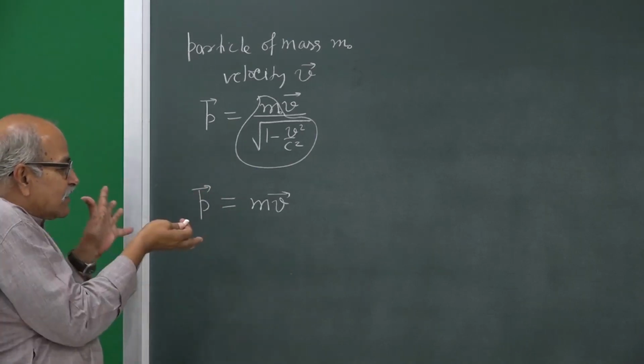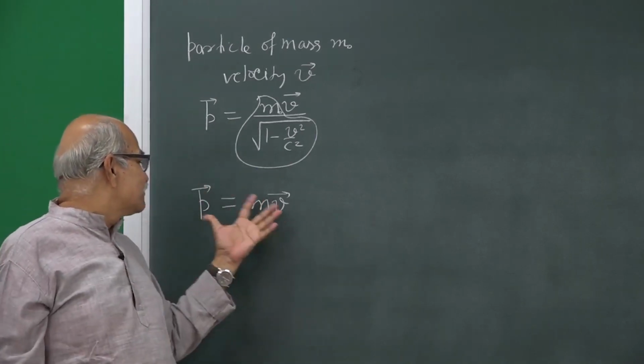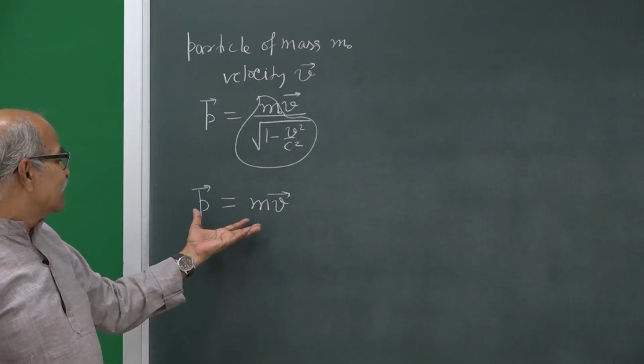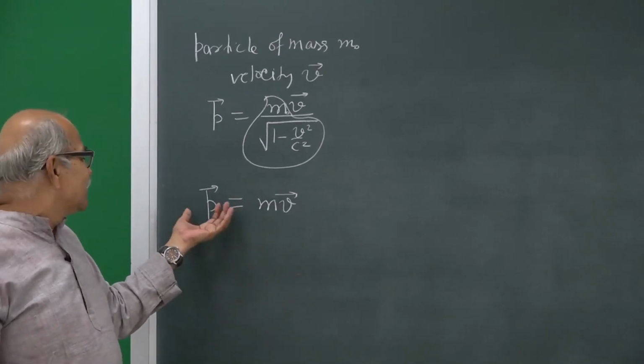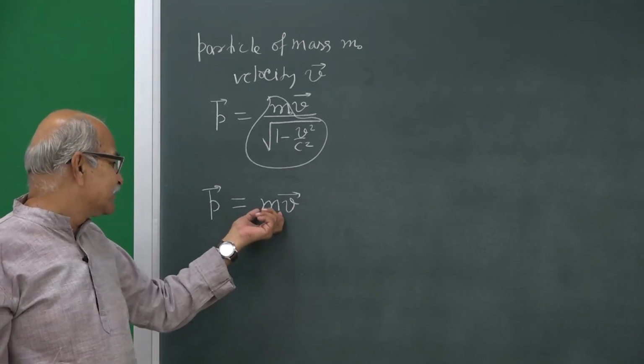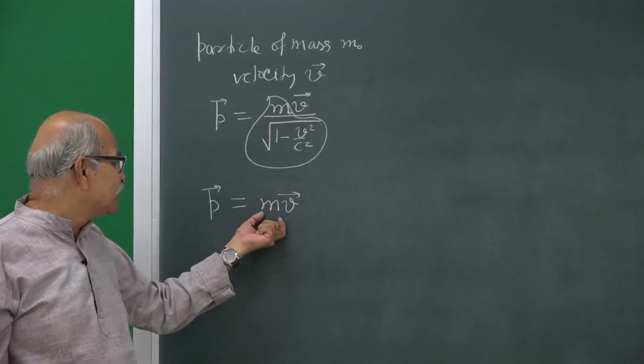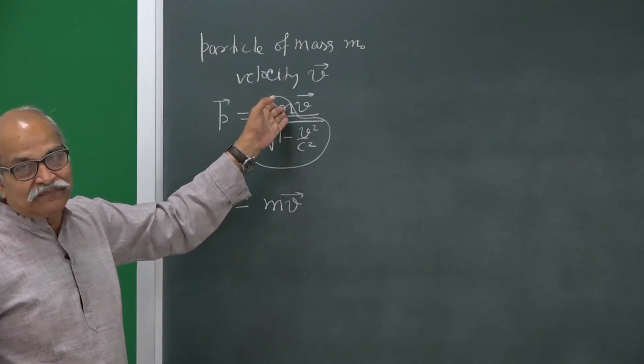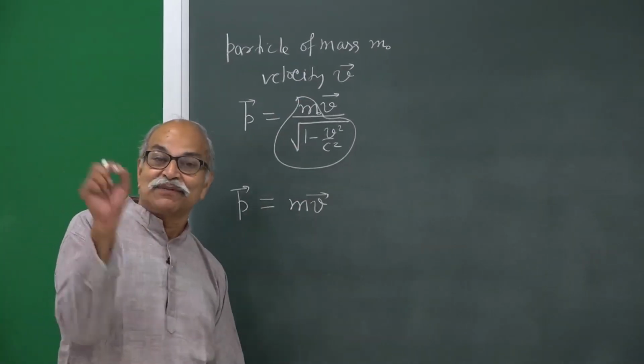So, this is our old, very familiar, beloved equation. We can still say that linear momentum is mass times velocity, but this mass is different from the mass of the particle as it is written in the textbooks.